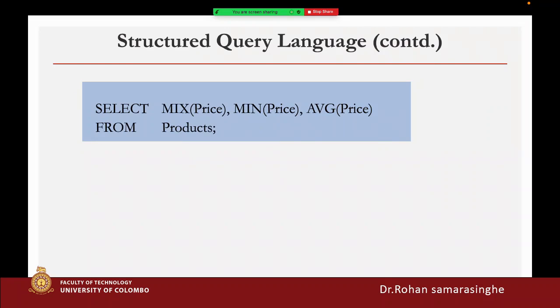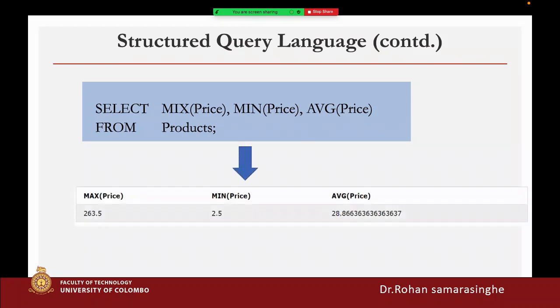There is a products database table. In that table you can see different products have different prices: the minimum price, maximum price and the average price of the products. Here you can see the maximum price, minimum price and the average price. You can get it like this.